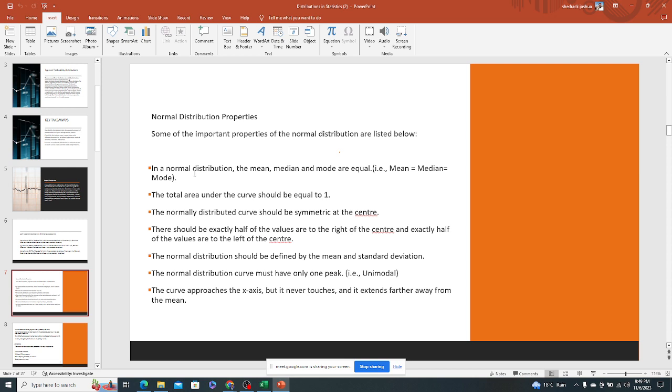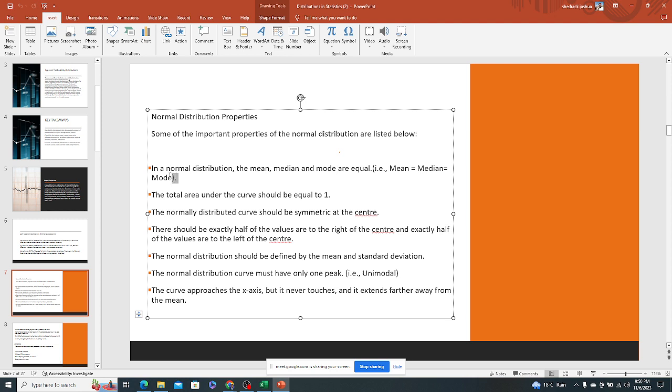That's why we are saying that for only a standard normal distribution, the mean, the median and the mode are equal.